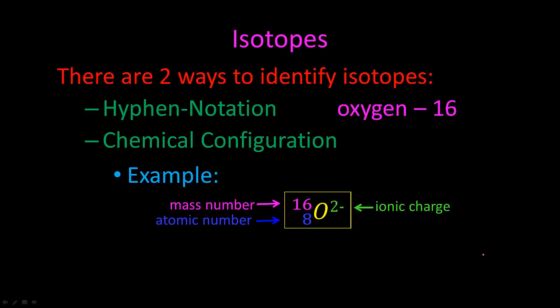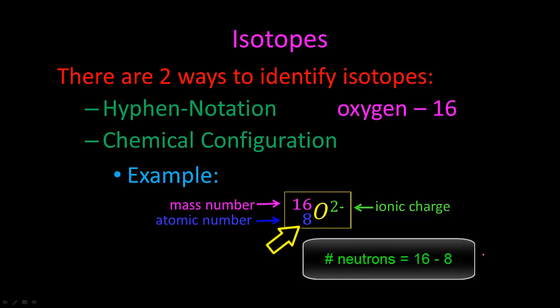The next one is the chemical configuration, and how we would write that is the chemical symbol of oxygen, which is O, capital O. The mass number goes on the upper left-hand corner, and remember, that's the number of protons plus the number of neutrons. On the lower left-hand corner would be the atomic number. You get that off the periodic table. And if you subtract these two numbers, you can tell how many neutrons this isotope has. It would be 16 minus 8, which is 8, so this isotope has 8 neutrons.